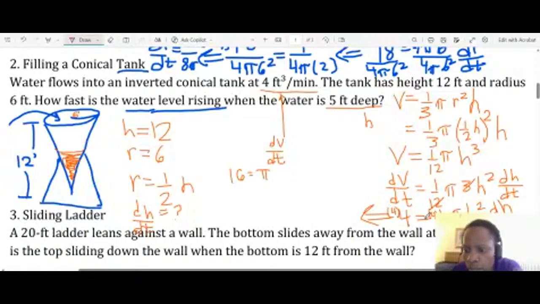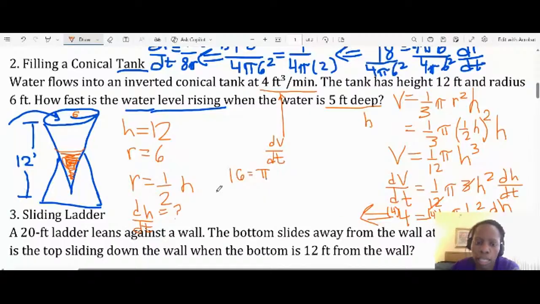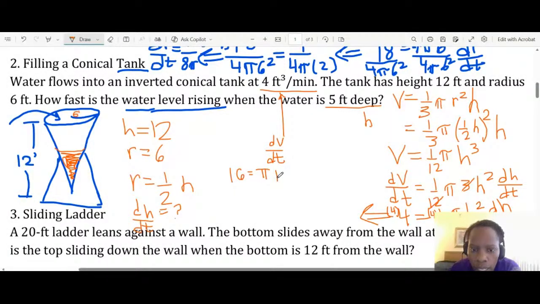We divide by 4, the opposite thing is multiplying. So we get 16 equals pi h squared. Basically, we're trying to isolate h. Well, no, sorry, dh/dt.